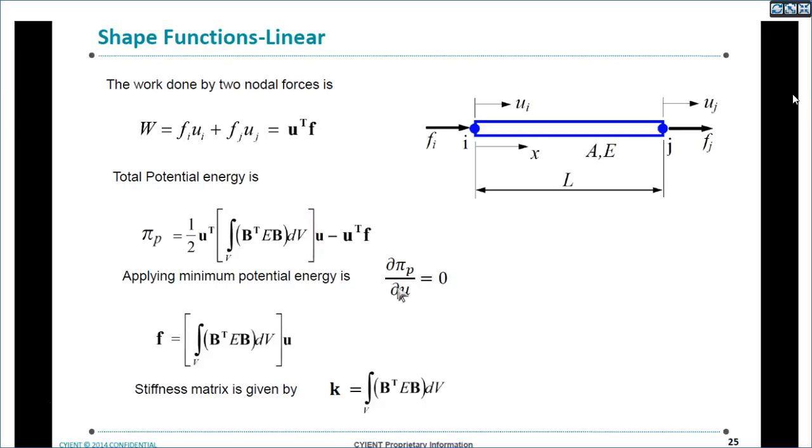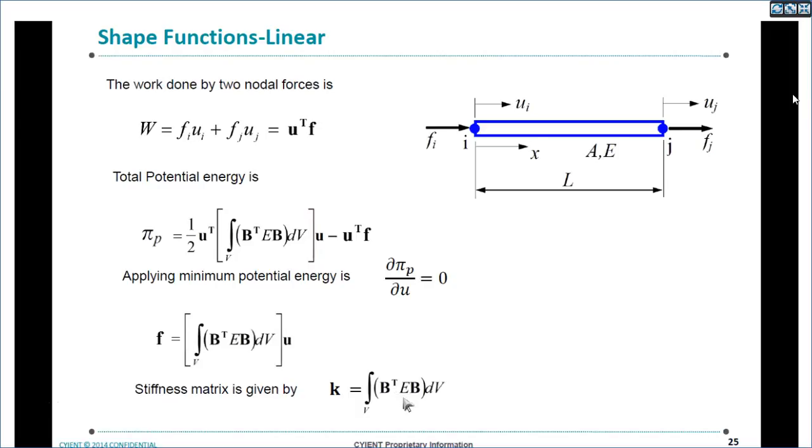When you apply minimum potential energy by differentiating with respect to displacement, then what will happen? We get F equals this integral expression into U. So this is nothing but F equals force equals stiffness matrix into U. So this complete factor is known as the stiffness matrix. So the stiffness matrix we derive using this equation.